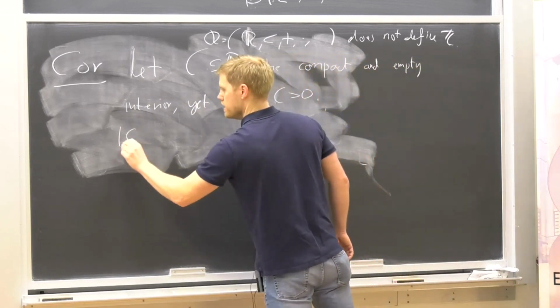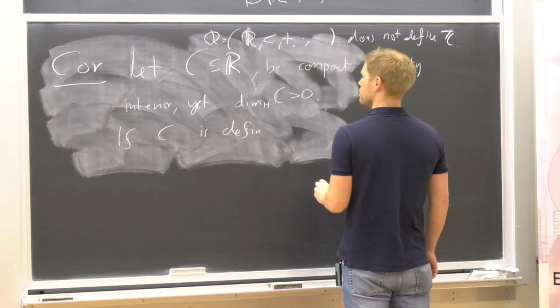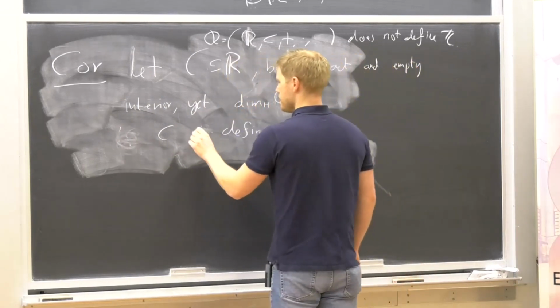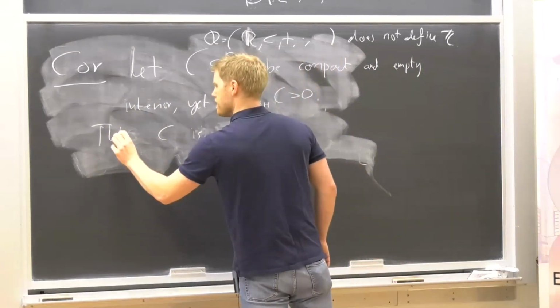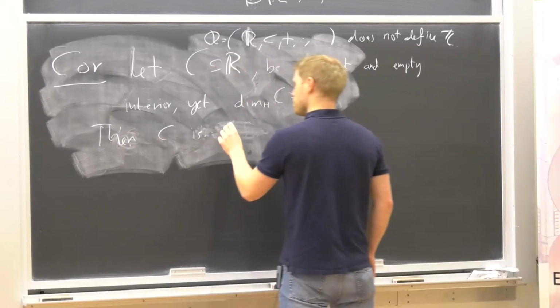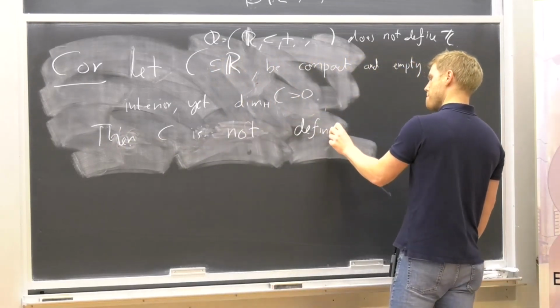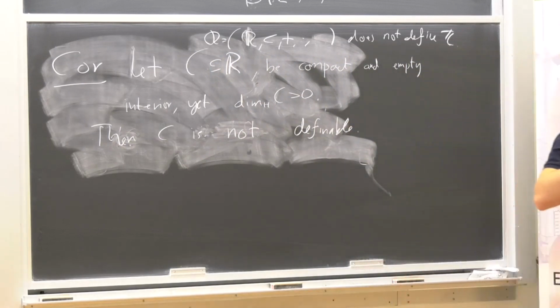Then if C is definable in this expansion, okay, so if I assume that, now I've screwed it up a little, but I think the statement is correct, that C is not definable. Really what I wanted to say is that if C is definable, then R defines the integers.